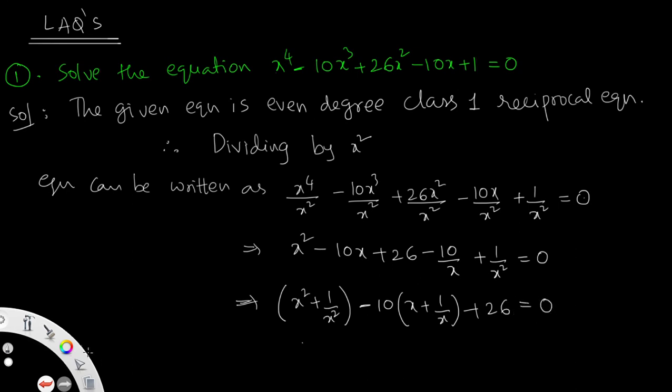Because we are writing like this, the like terms should be kept in one place, and then minus 10x and minus 10 by x, taking minus 10 as common, remaining plus 26 as it is. So for solving the equation, put x plus 1 by x equal to some value t. Then squaring on both sides, x square plus 1 by x square plus 2 into x into 1 by x equal to t square.